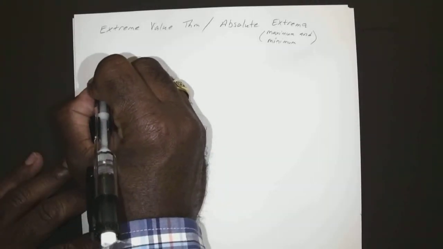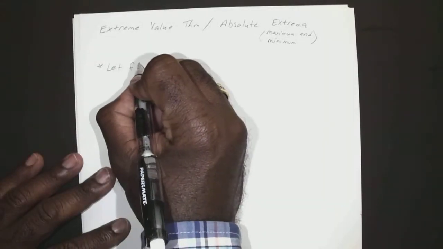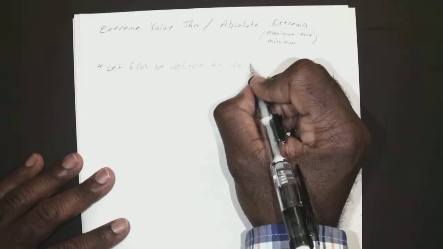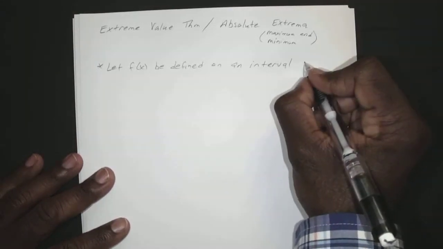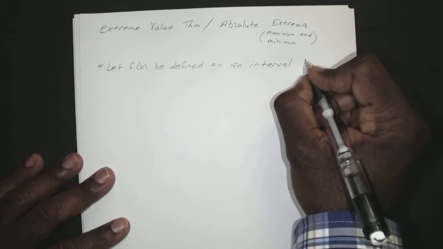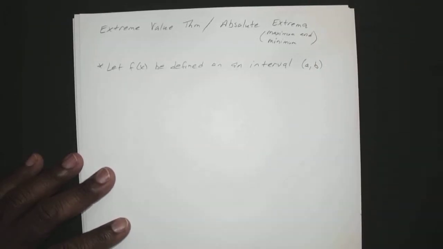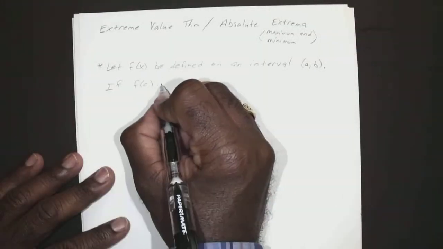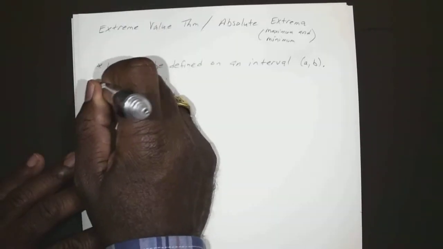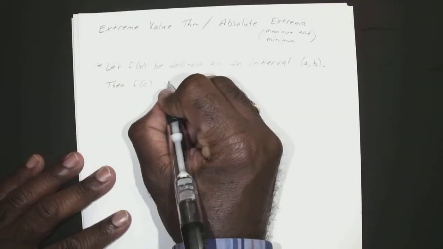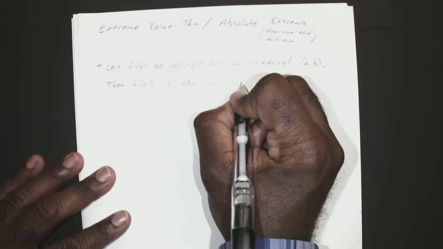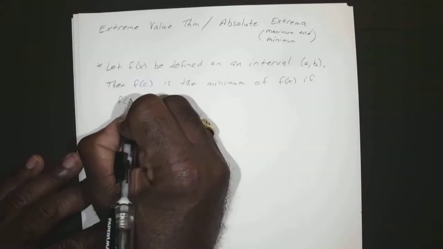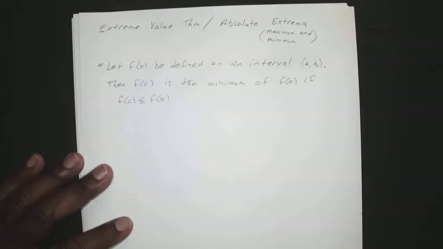Okay, so let's say that f is defined on an interval, let's say from A to B. If some value c is the minimum of the graph, f of c is less than or equal to f of x for every value of x.